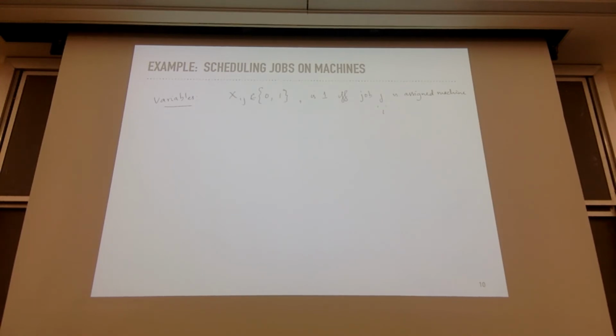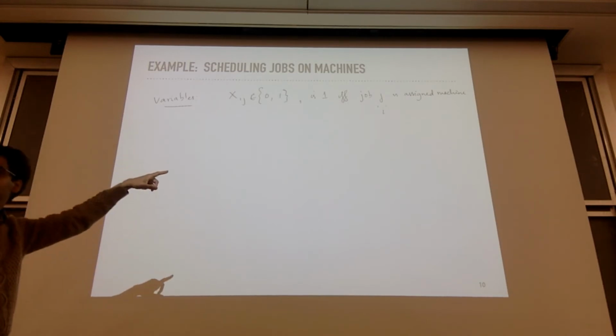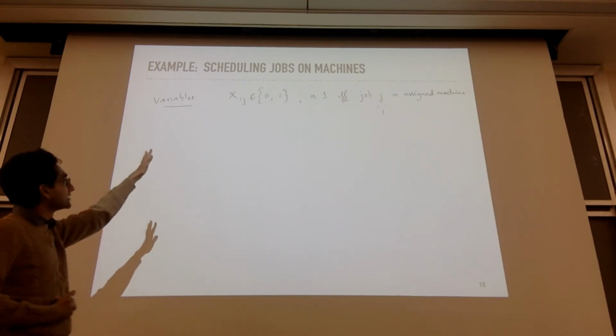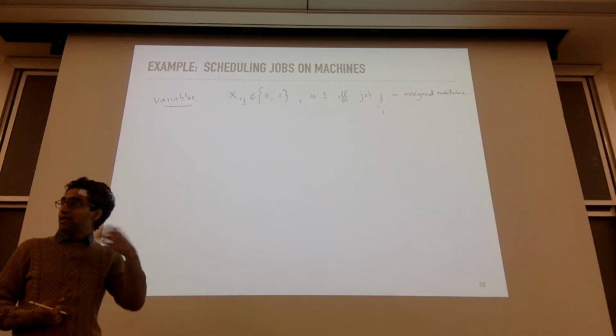And this is another sanity check when you're trying to come up with optimization problems. Usually your set of variables must give you a way of reading off a solution. Suppose I gave you a bunch of numbers x_ij, the 0, 1s. From this set, you should be able to come up with an assignment of jobs to machines. And in this case, you can do that, because if x_ij is 1, then I know that job j is assigned to machine i. Now you've got to make sure that job j is not assigned to multiple machines. But that you can impose as a constraint.